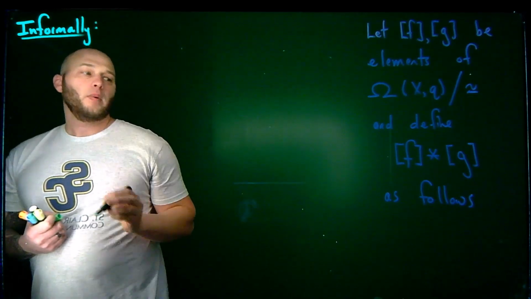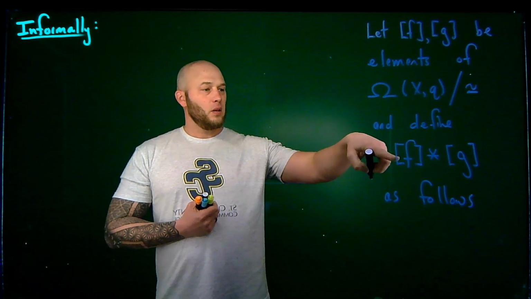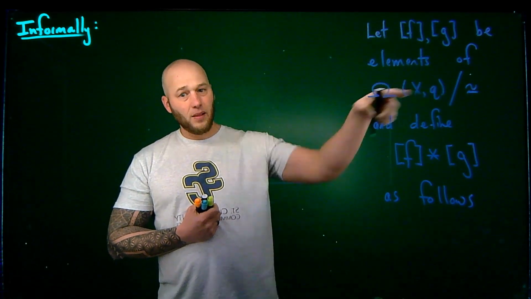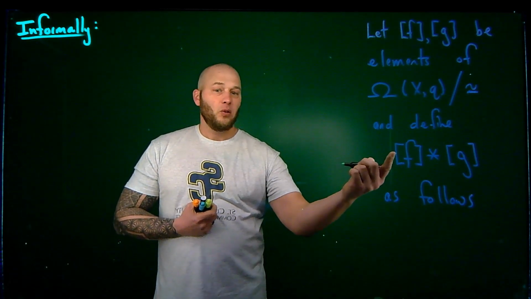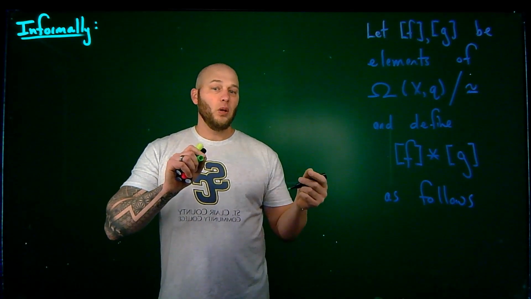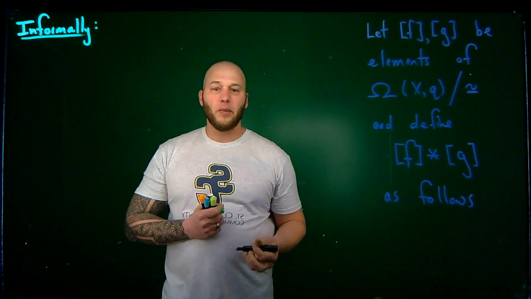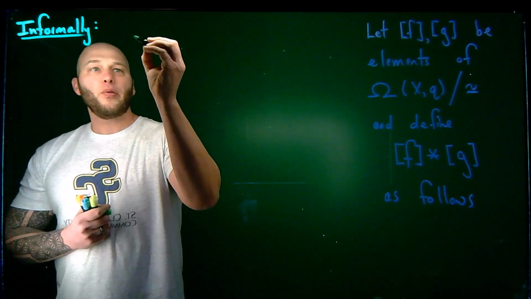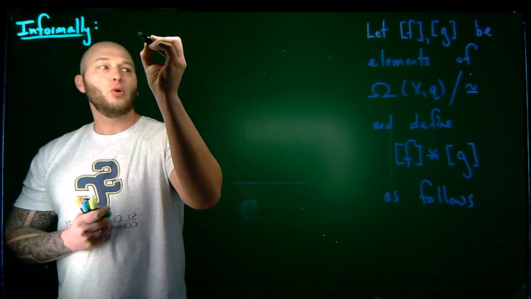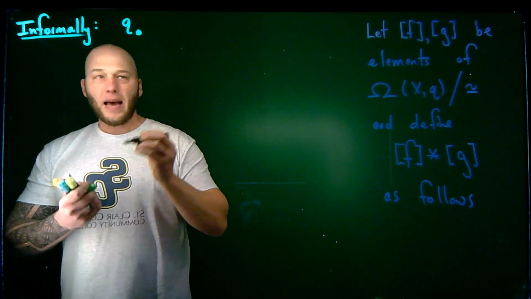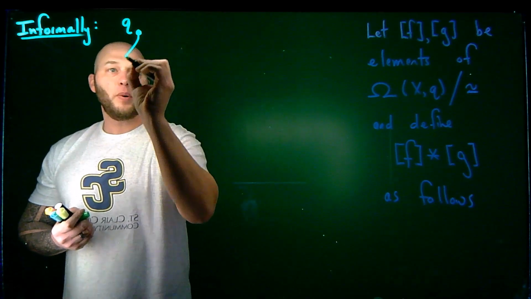These two are elements of this set of path classes of loops. So f and g are individual loops. Say f is an element of this and g is an element of this, and they're both loops at the point q. So let's say I've got this point q, and at that point I have this loop f.